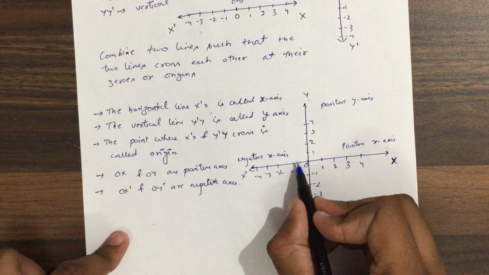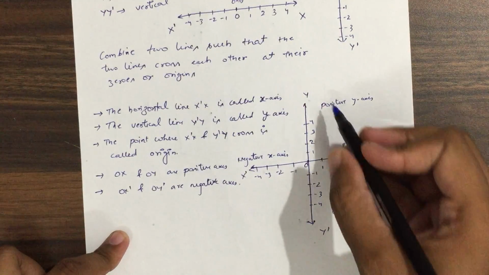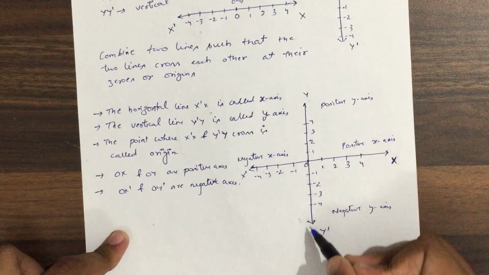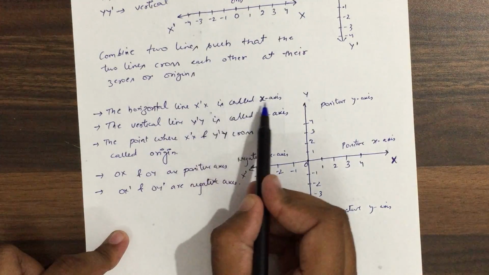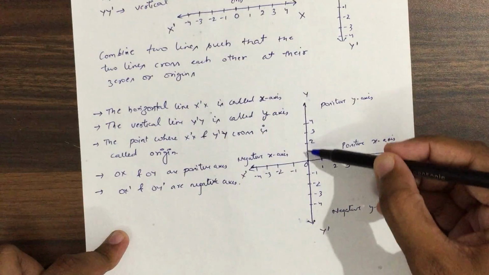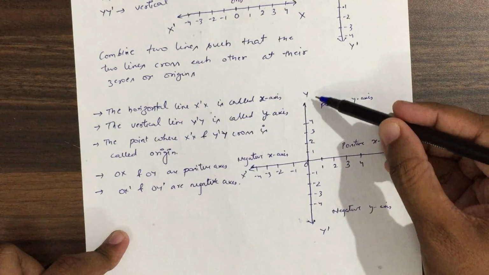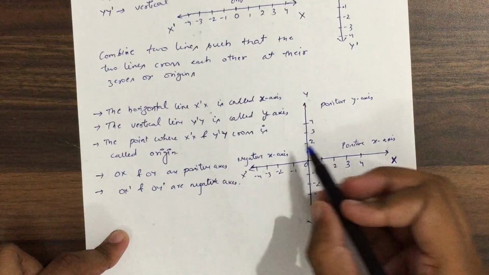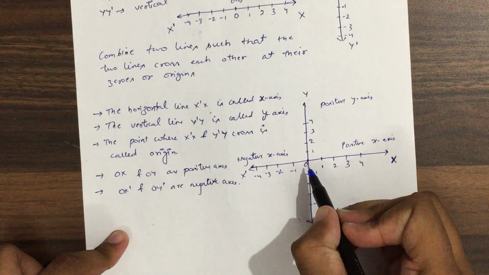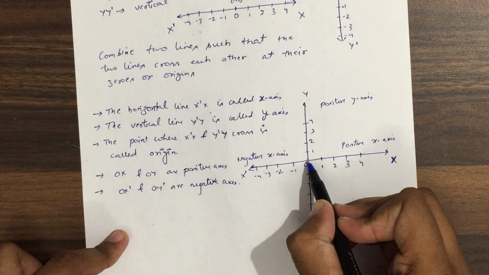So this will be called the x-axis and this will be called the y-axis. The horizontal line X dash X is called the x-axis and the vertical line Y dash Y is called the y-axis. The point where these lines intersect is called the origin. So this will be our origin.